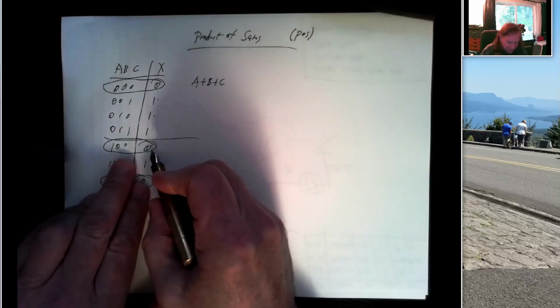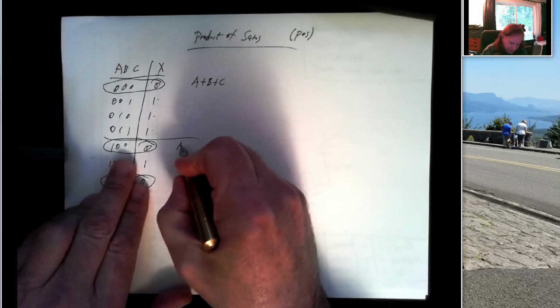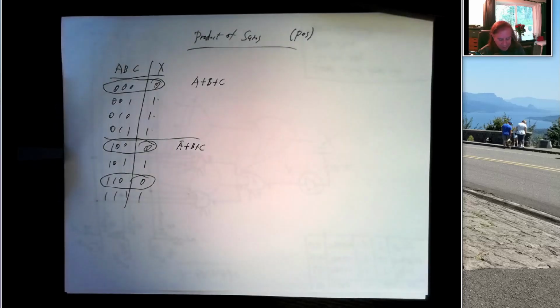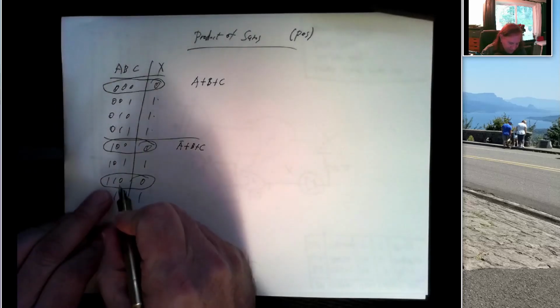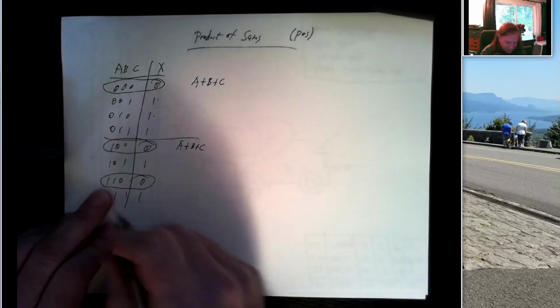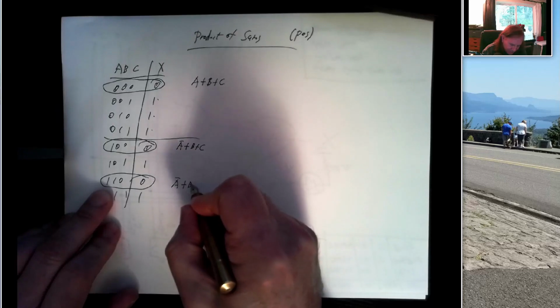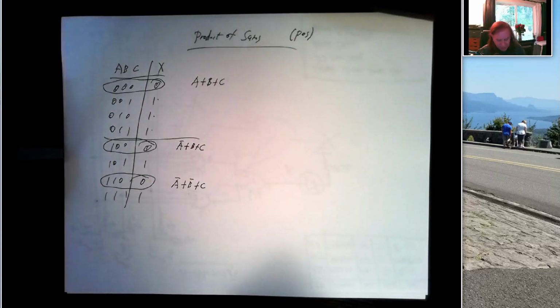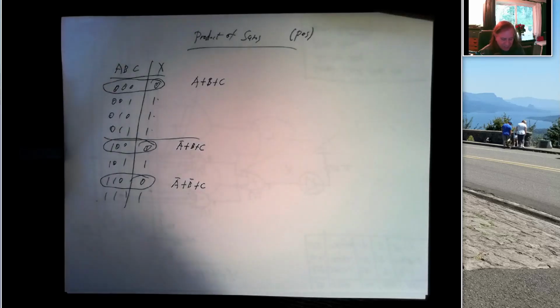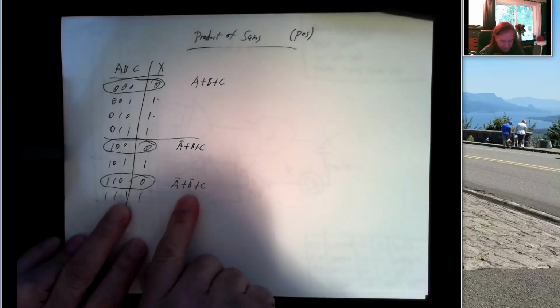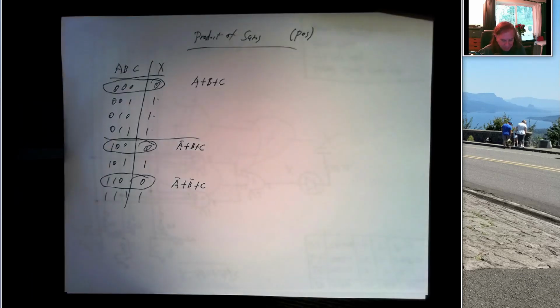In this fifth row, here's an expression which will be exactly 0. And in the next to the last row, the seventh row, here's an OR expression, a sum expression, which will be 0. So if we're in any other row, then either this will be a 1, or this will be a 1, or this will be a 1.